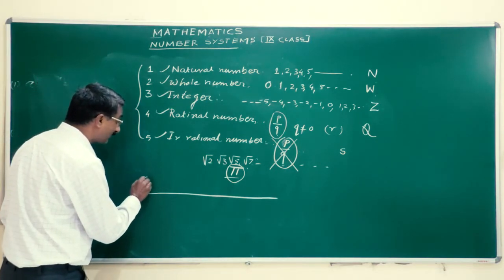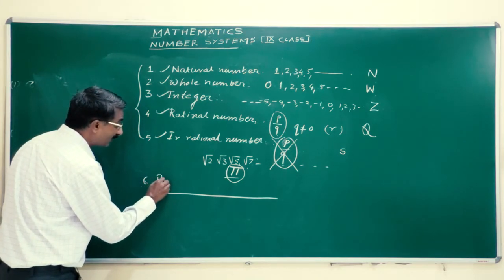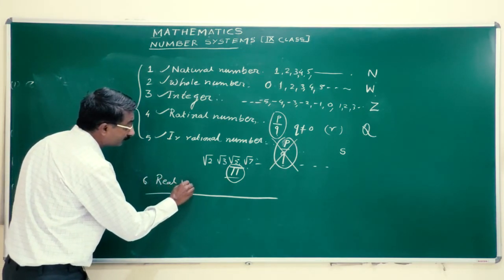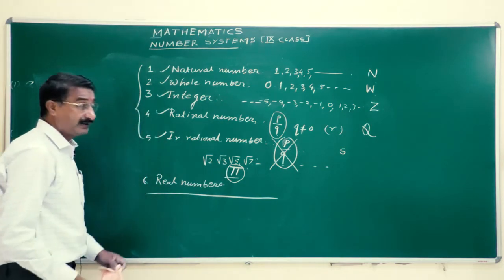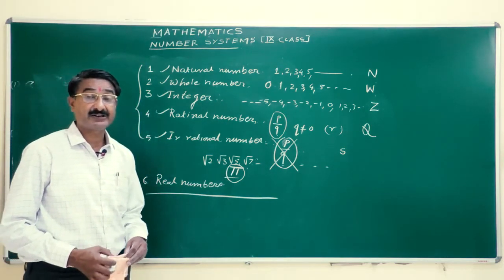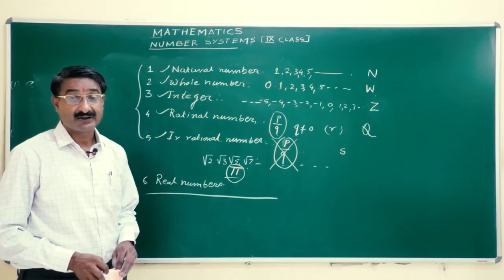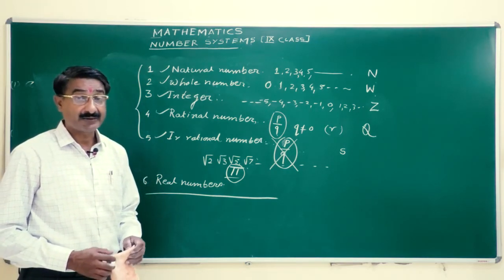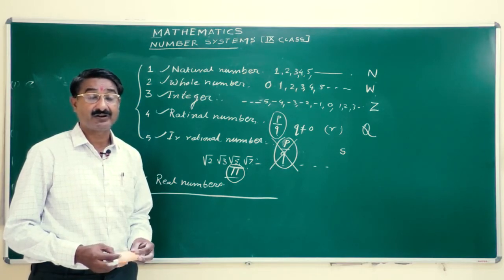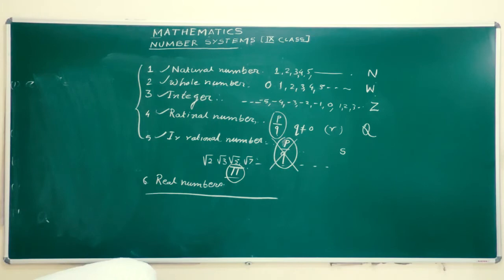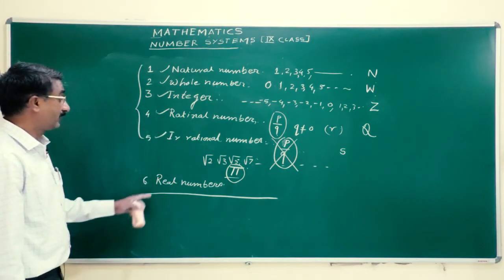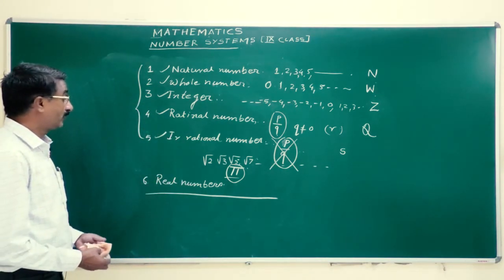So, all these numbers are called real numbers. The numbers which have a fixed position on the number line are all real numbers. Clear?